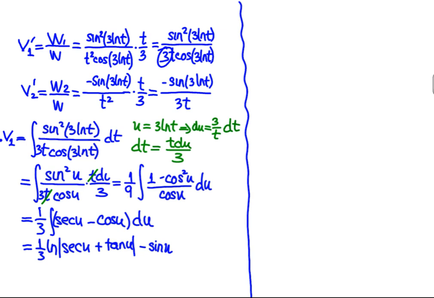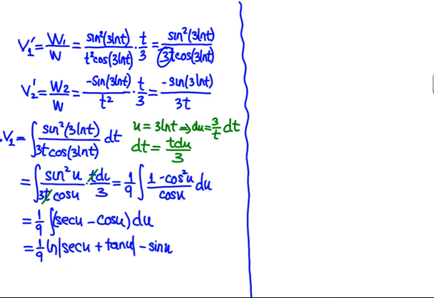Let's take a look now. We still have the 3 in the derivative. So this should be 1 over 9. Sorry about that. Right. And then u is equal to 3ln of t.